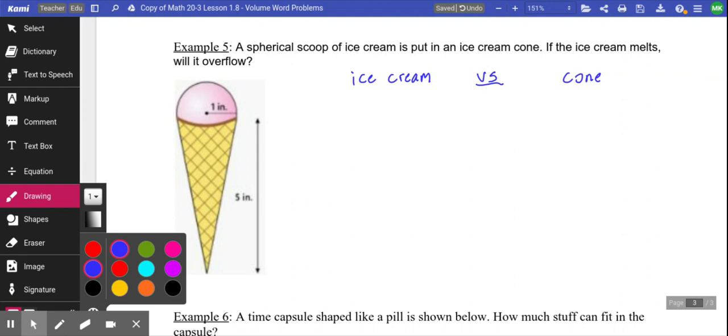The ice cream is a sphere, it's a ball. So our formula is 4 pi r cubed divided by 3. Right, that's the volume for a ball or a sphere. The radius in this case is 1.